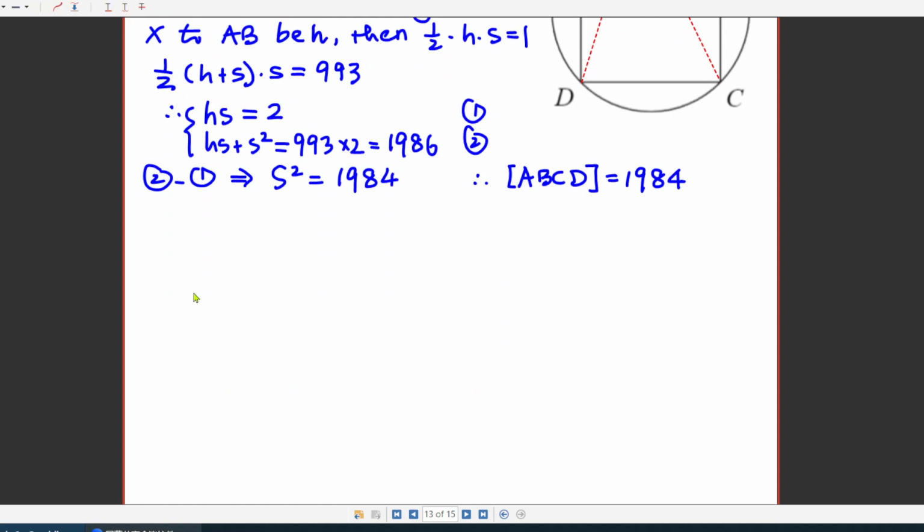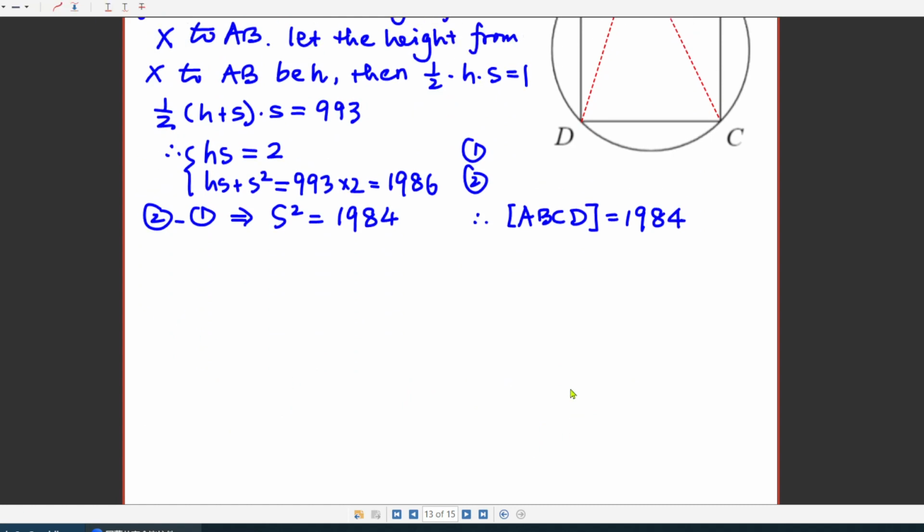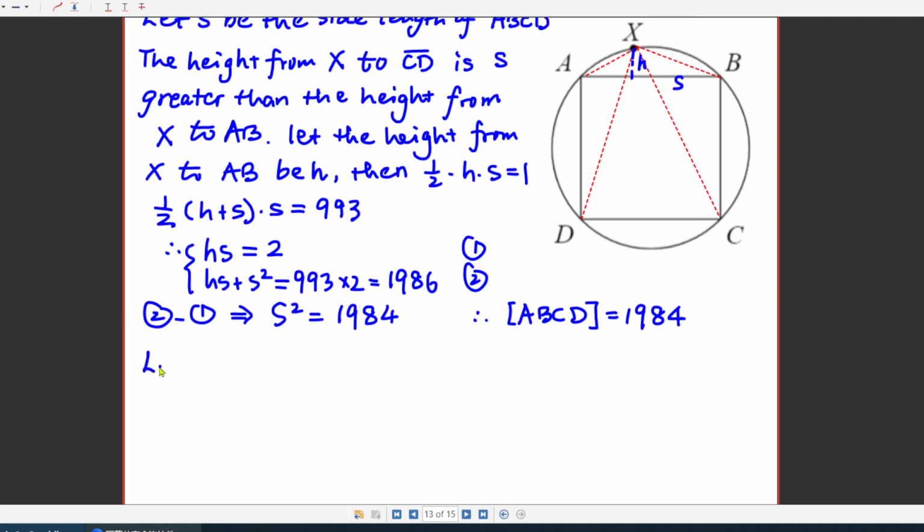Now we can let the distance from X to AD be, for example, T. Since ABCD is a square, the distance between AD and BC is S, right?